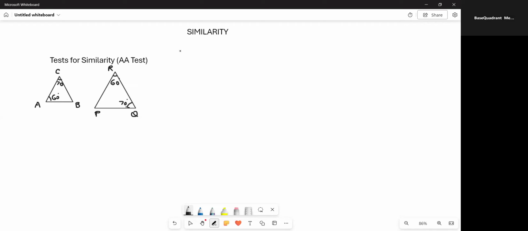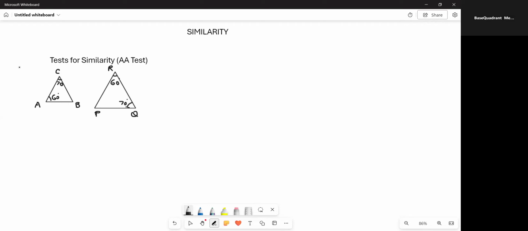We will now see the tests for similarity. The first test of similarity is the angle-angle test, or AA test. Now, what is the angle-angle test? It means if two pairs of angles of two triangles are congruent, then the two triangles are similar.